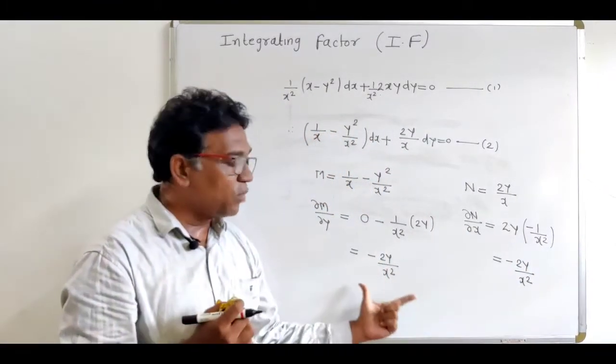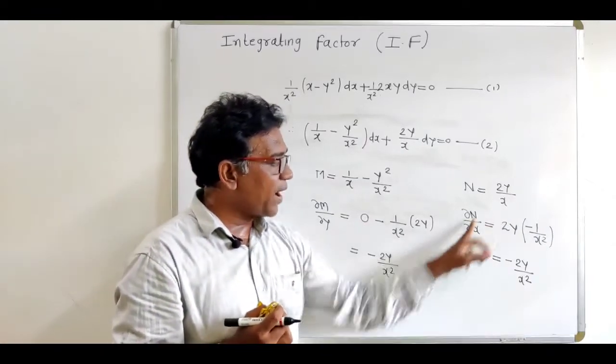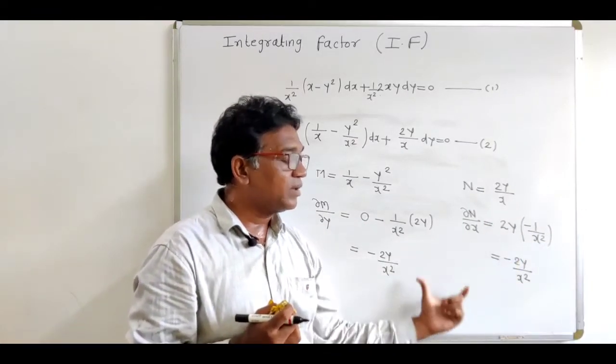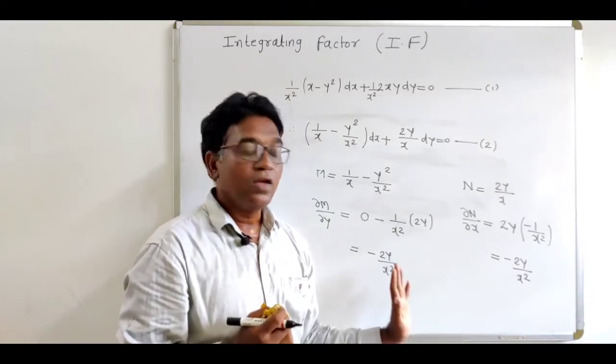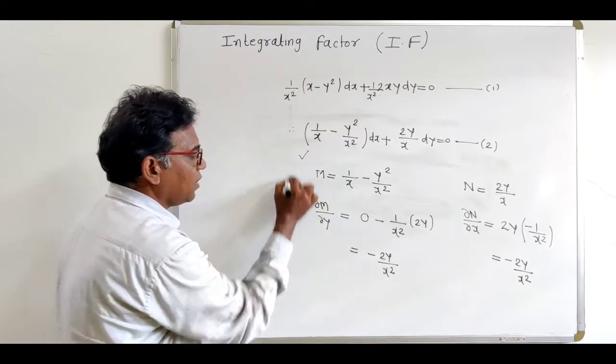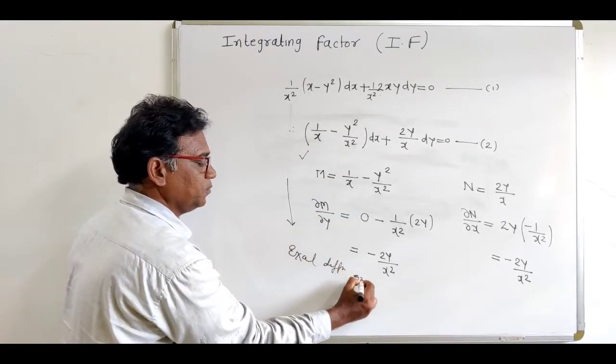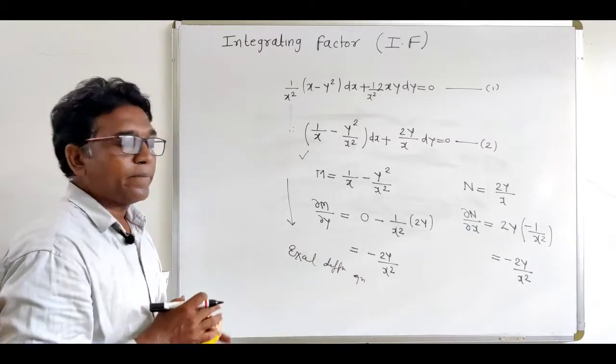So see, what is our new observation? The partial derivative del M by del y and the partial derivative del N by del x are now equal. So this new differential equation is now an exact differential equation.